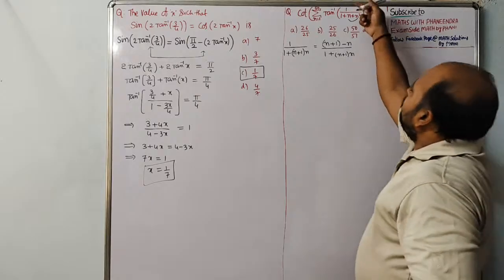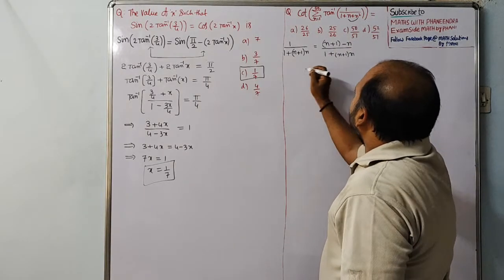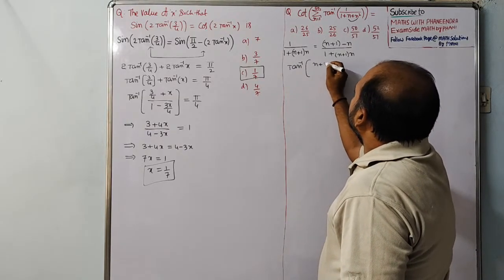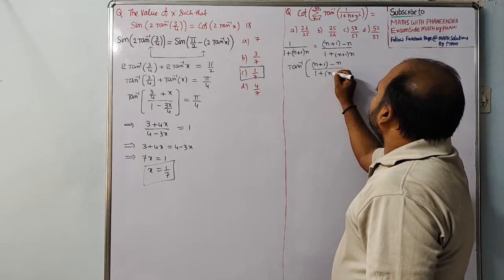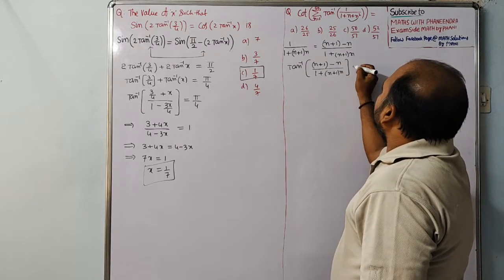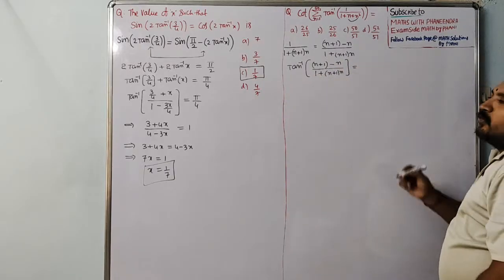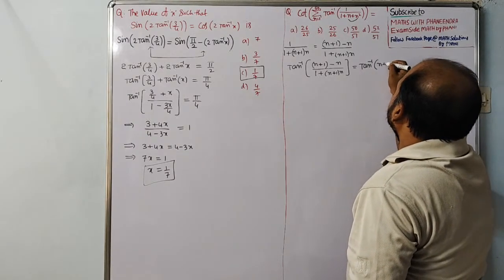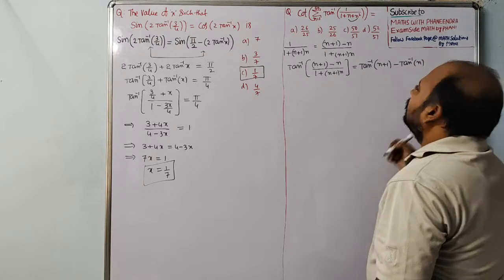So wherever 1 by 1 plus n square value, replace with this value: tan inverse of n plus 1 minus n by 1 plus n plus 1 into n. It is in the form of tan inverse x minus y by 1 plus xy. We can write it as tan inverse x minus tan inverse y: tan inverse of n plus 1 minus tan inverse of n.